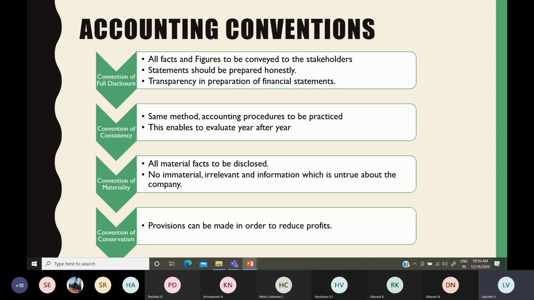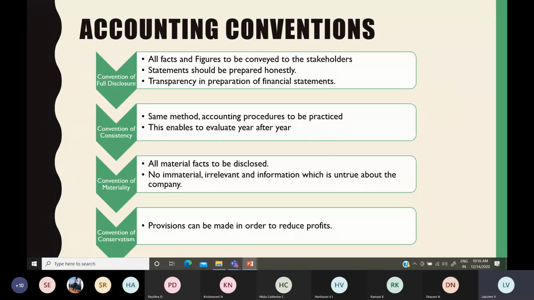Whatever the business might be, they have to provide all the information required for the investors. They should not hide any information. They have to provide the entire information to their stakeholders. So who is a stakeholder? One who is interested in the company's activities and is willing to know about the company's financial position and other things.